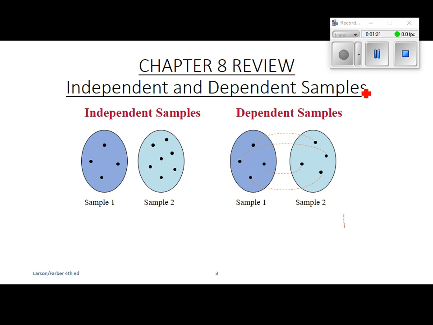Independent, dependent samples. Remember, with independent, the two samples really don't have anything to do with each other. They're not matched up. Dependent would be something like, if I take your heart rate now, and then I take your heart rate at the start of the test.